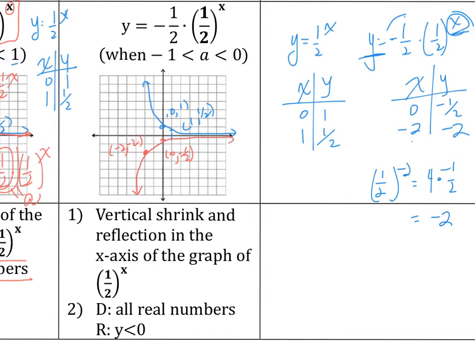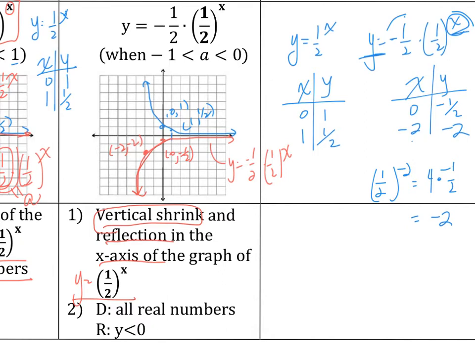As you can see, after you plot these points and draw the graph, y equals negative half times half to the x power is a reflection in the x-axis of the graph of y equals half to the x power. So we can also say that this graph here is a vertical shrink of y equals half to the x power.